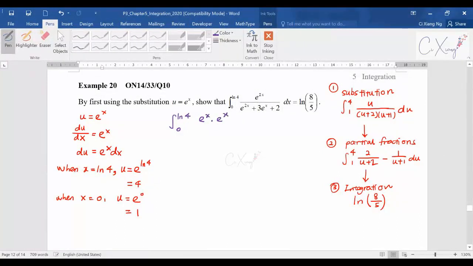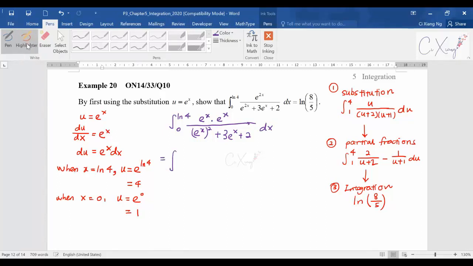So e^x multiplied by e^x gives you e^(2x), then divided by (e^x)^2. The e^(2x) in the denominator, you can rephrase as (e^x) power 2, plus 3e^x plus 2, then dx.